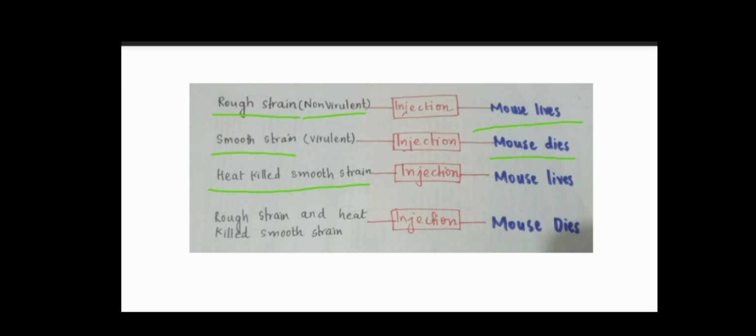So he concluded that this is because of transformation. Transformation is the transfer of genetic material from one organism into another, by which the genetic makeup of the recipient is altered.